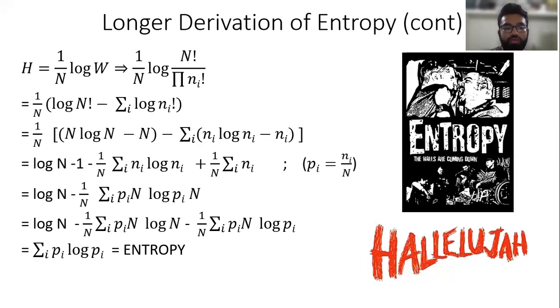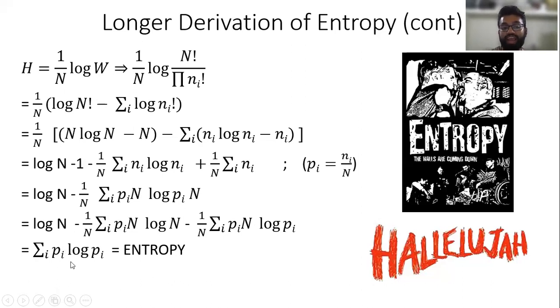So the first term is positive log n, and the second term would equal negative log n. So both of these terms would vanish, and this third term is minus 1 over n sigma p_i n log p_i. Here you take n out, and that gets cancelled, but you continue to have the negative.